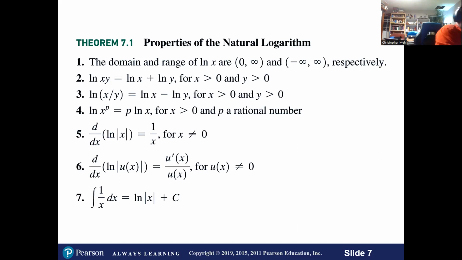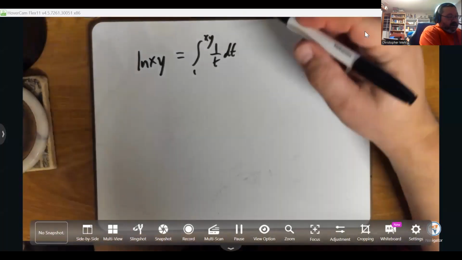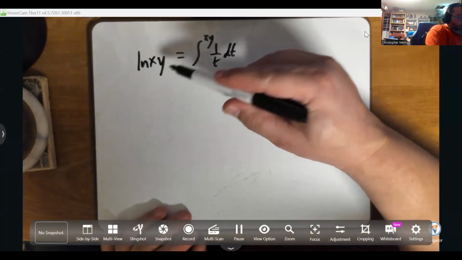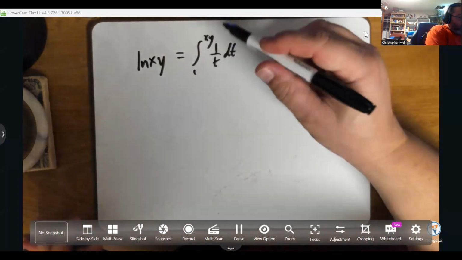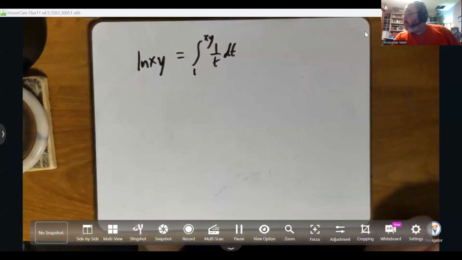Natural log of xy. All right, so we're just going to prove the one property. So here we go. Natural log of xy. We can write that in terms of the integral as the integral from 1 to xy of 1 over t dt.